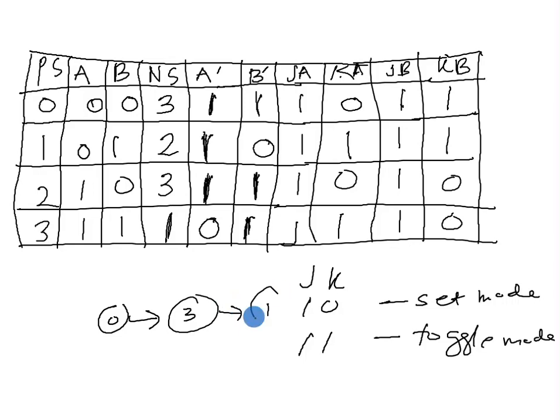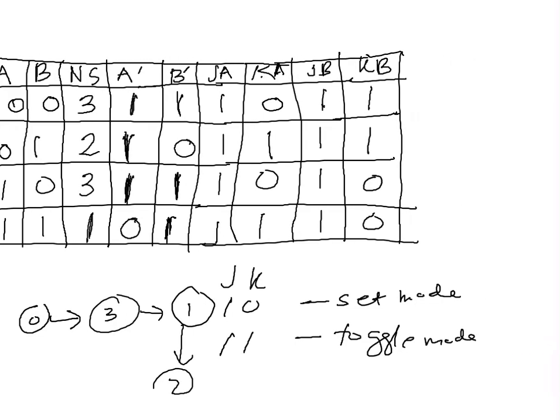Then 1 goes to 2. And then the last one, 2 goes to 3. So this is the state diagram that you will have.